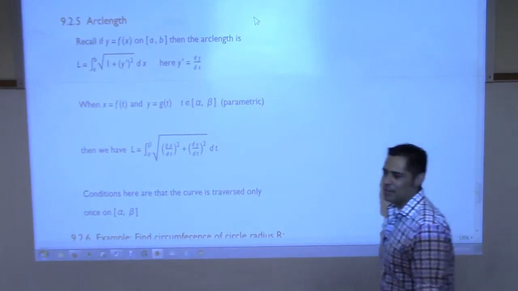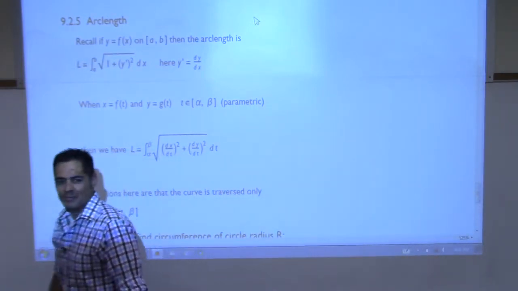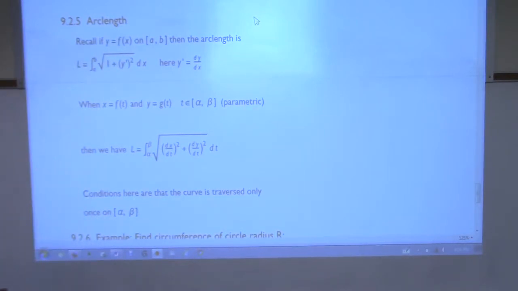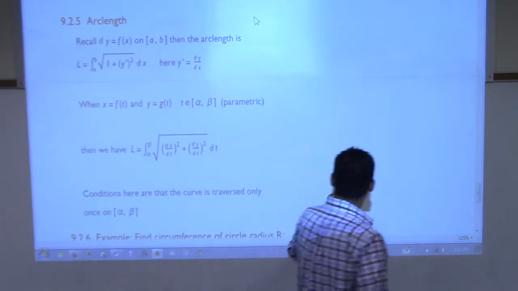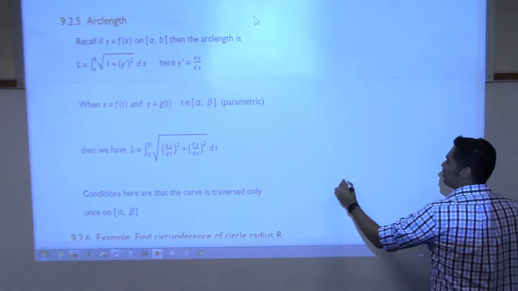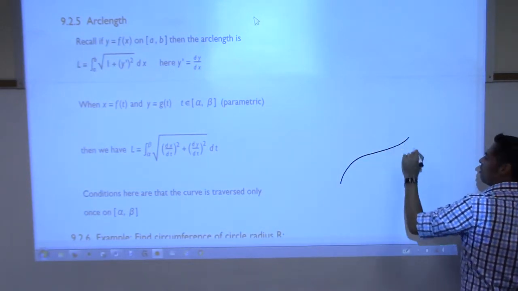What about arc length? We should be able to find the lengths of curves. So if you recall, the way we came up with that formula, that first one, is I had drawn a curve.